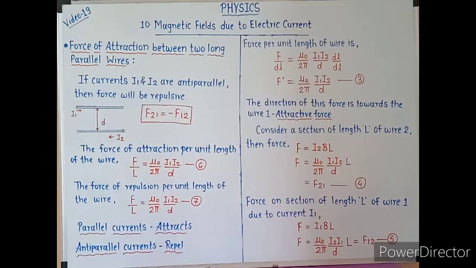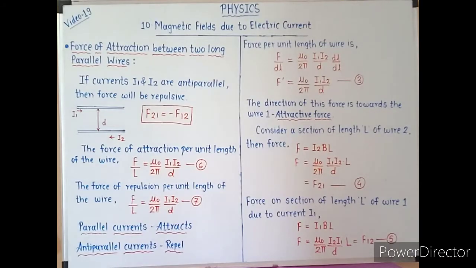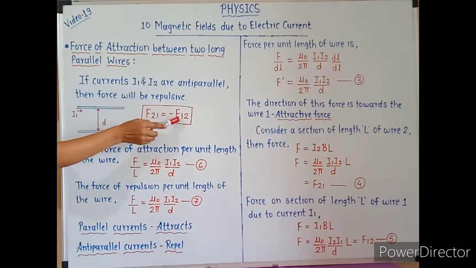Now, if currents I1 and I2 are anti-parallel to each other, that means if currents I1 and I2 are opposite in direction, then the force will be a repulsive force. So F21 is equal to minus of F12. Here F21 means the force on wire 2 due to current I1, and F12 means the force on wire 1 due to current I2.